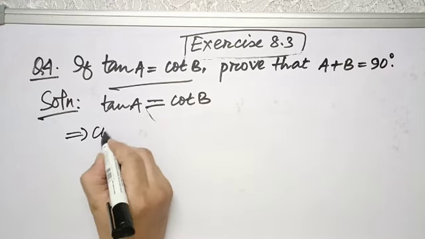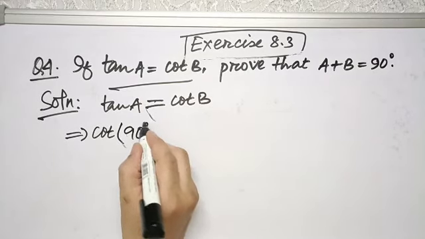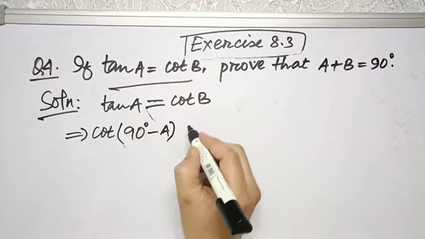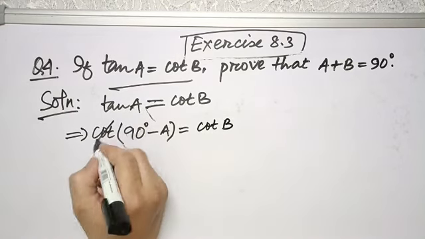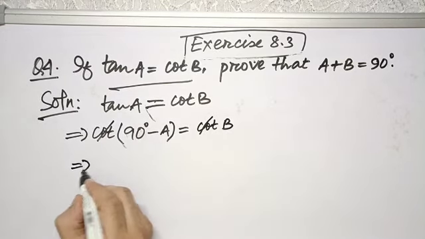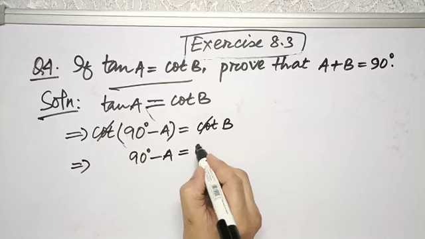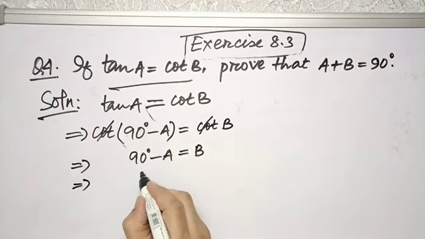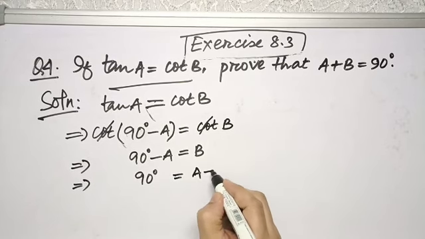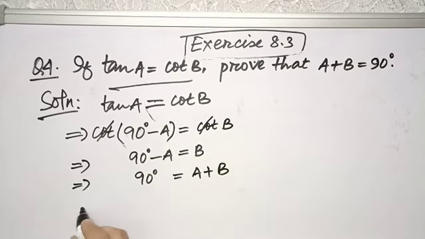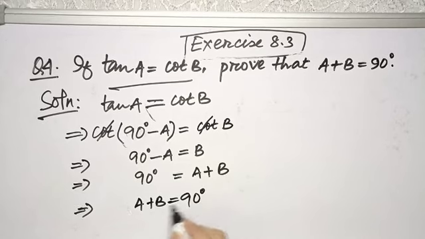Let me change this tan as cot of 90 degree minus A, equal to cot B. If I cancel the cot on both sides, I'll get 90 degree minus A equal to B. If I keep 90 degree on the left hand side and take this A to the right hand side, A will become positive A and this will be B. Hence you can say A plus B is equal to 90 degree.